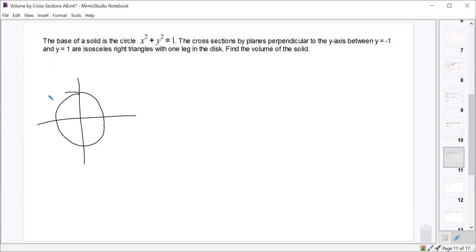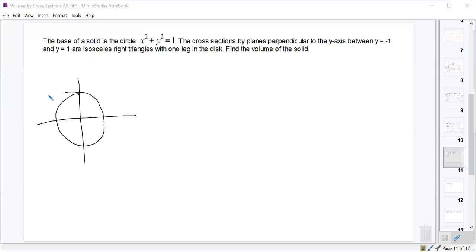Isn't that what x squared plus y squared equals 1 looks like? Yes, it is.